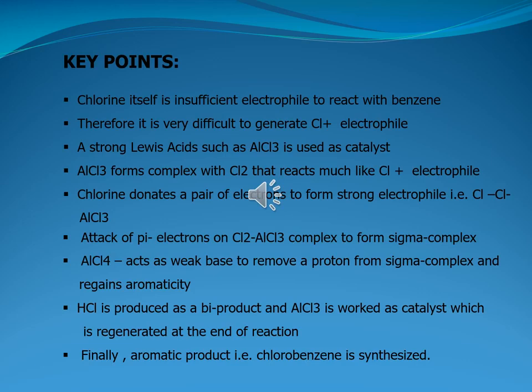Aluminum tetrachloride acts as a weak base to remove a proton from the sigma complex and regains the aromaticity. Hydrochloric acid is produced as a byproduct, and aluminum trichloride, which works as a catalyst, is regenerated at the end of the reaction. Finally, the aromatic product, that is chlorobenzene, is synthesized.